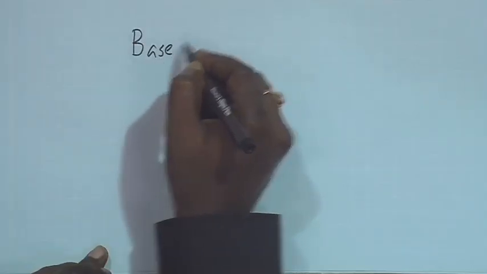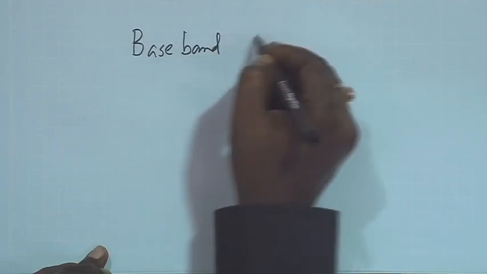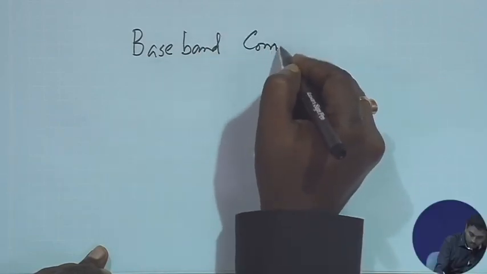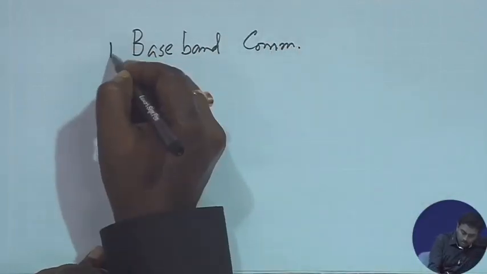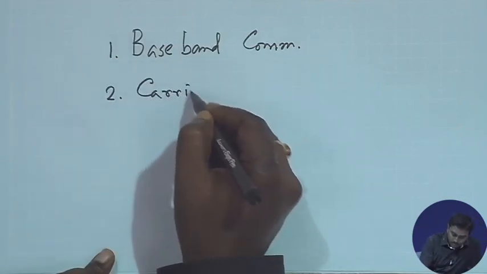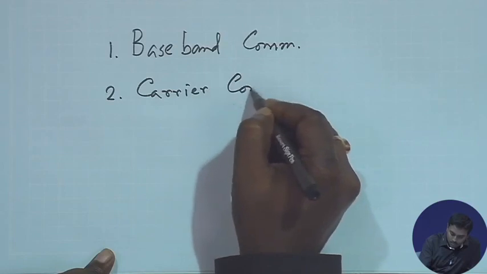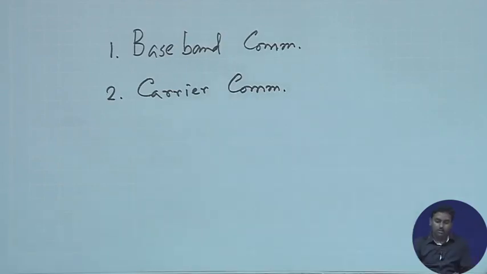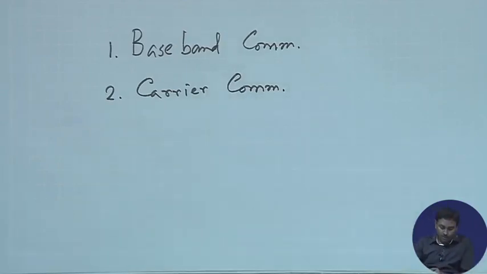Okay. If we start seeing communication, there are in a way two types of communication. One is called baseband communication, and the second is carrier communication. So what do we mean by these two?